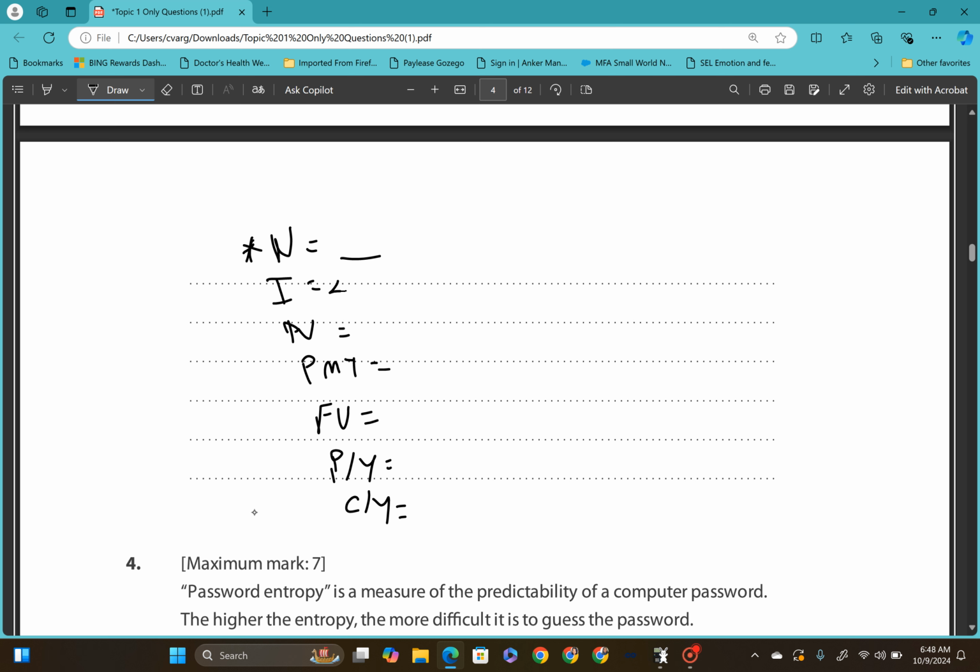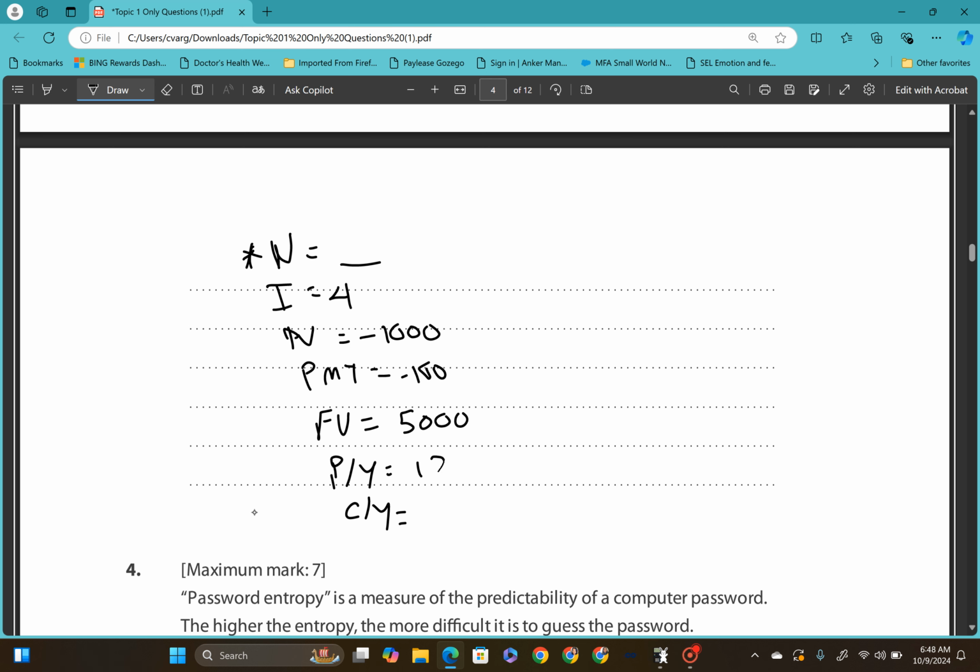Our I is 4. Our present value is minus 1,000, still paying out 1,000. The payment is minus 100 still. Our future value is we want to know when this is bigger than 5,000. Our P over Y is 12 and our C over Y is 12.